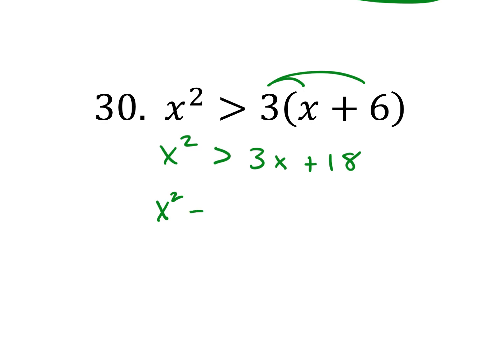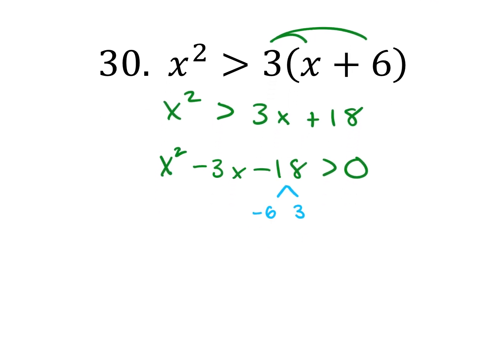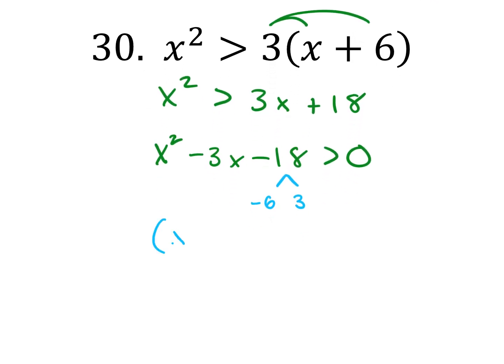So x squared minus 3x minus 18 is greater than 0. What are two factors of negative 18 that add to negative 3? Negative 6 and positive 3. So x minus 6 and x plus 3 is greater than 0.